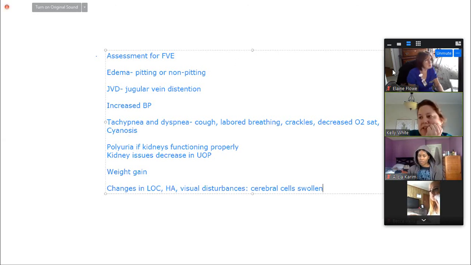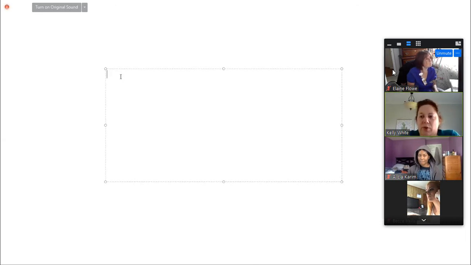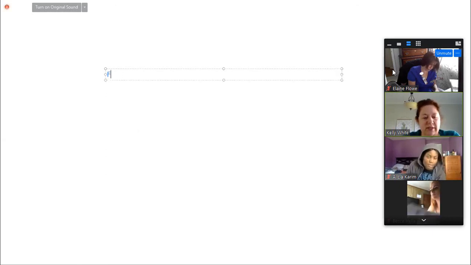So next is your diagnostic studies for fluid volume excess. So what are we going to test? So with fluid volume deficit, where we had hemoconcentration, what do you think if we have too much fluid?